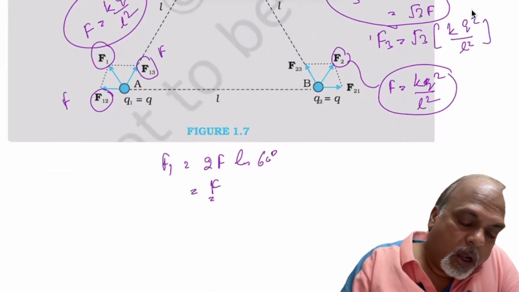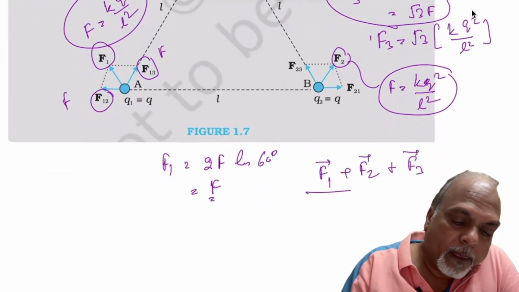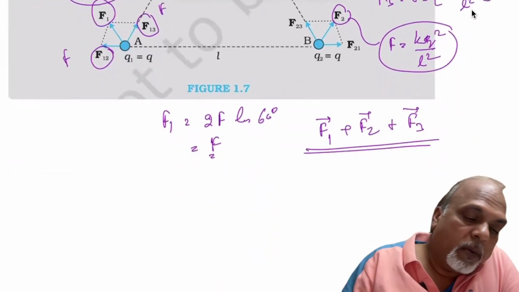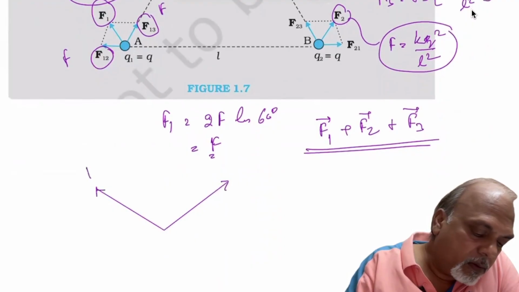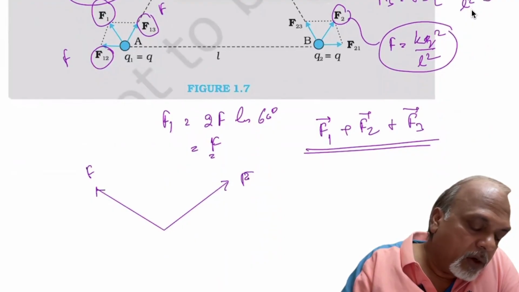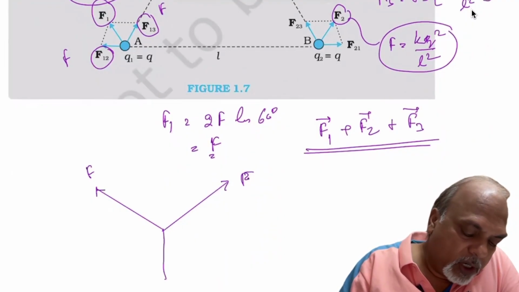So if you take the vectorial sum of F1 plus F2 plus F3, then geometrically, this is your F, this is your F, correct? This is the force on Q1, then this is the force on Q2, and of course, this is your F, that is the force on 3.